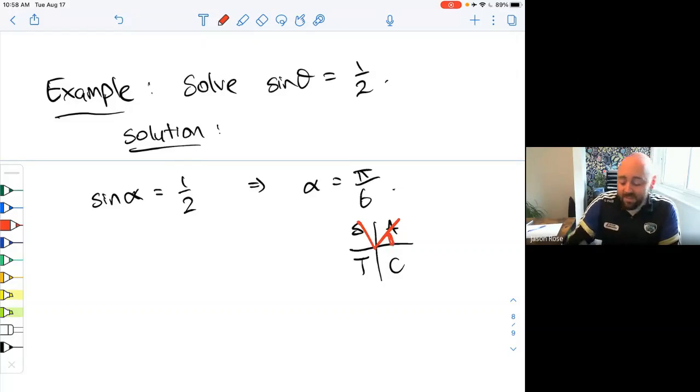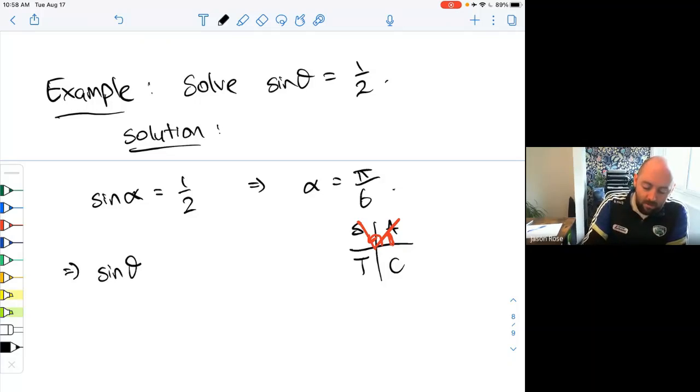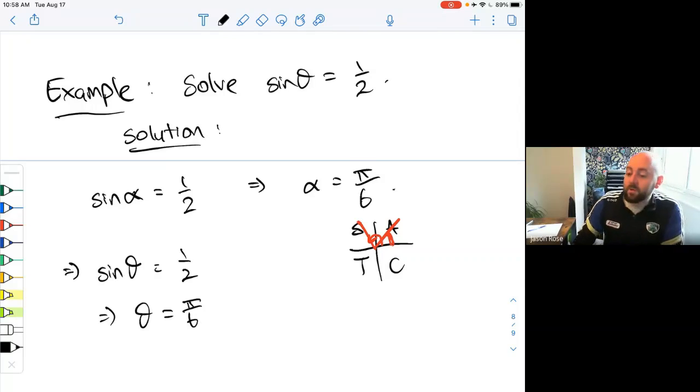So pi over 6 is one of my answers. I already have that one. But what is the corresponding over 6 angle in quadrant 2? Well, it's going to be 5 pi over 6. Yes, thanks, Lewis. 5 pi over 6.